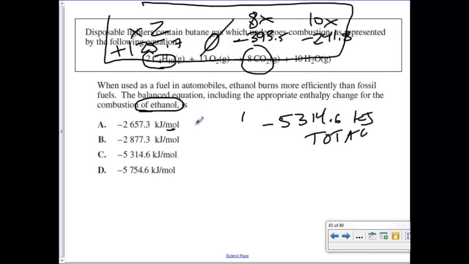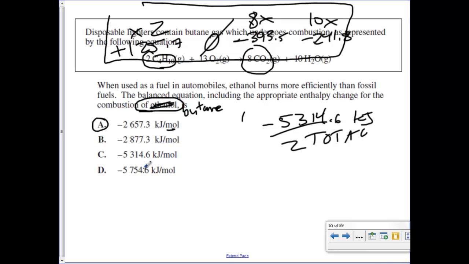Oh, what? What did I screw up here? Let's pretend that this said of butane. That must be some sort of mistake here. That's weird. Anyways, let's say it's of butane then. I don't know why it said that. Then we would divide this thing by 2, which means the answer should have been that one.